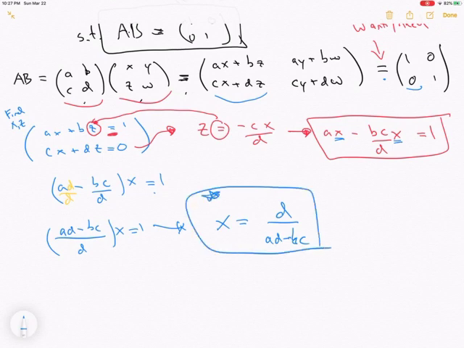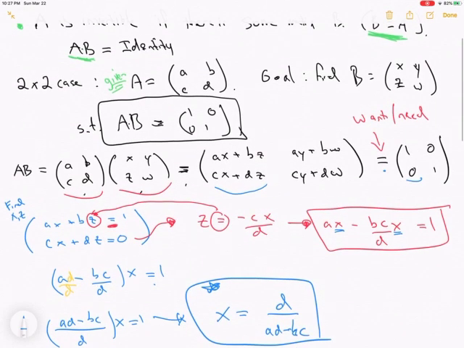So this is great because we found an explicit formula that tells us what the 1-1 entry is in the inverse matrix. We have this matrix, we want to find its inverse, and this thing here is supposed to be the inverse matrix.